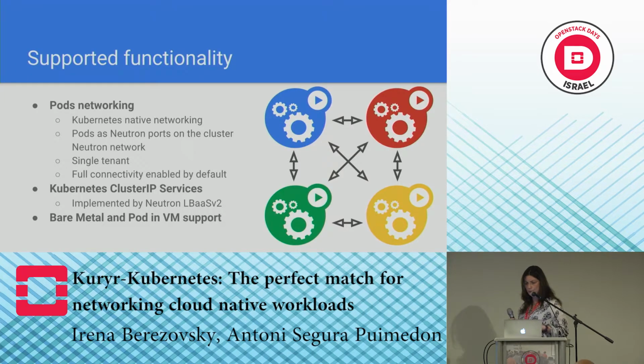So what is the supported functionality we have right now? We support the native Kubernetes network mode, which is basically the flat network, where each pod has an IP from the cluster subnet. This is modeled to support a single tenant.